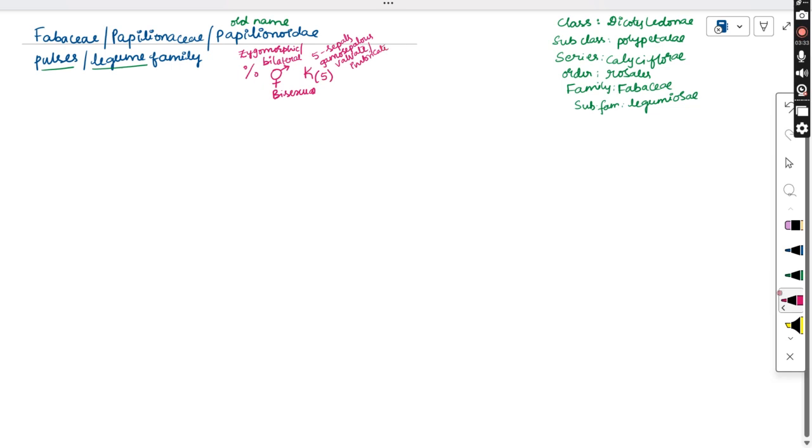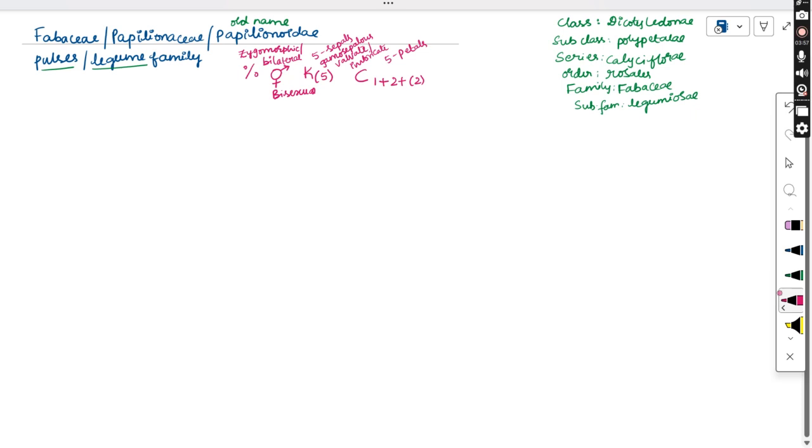And the corolla is a special type which shows the papilionaceous type of estivation, or the vexillary or descending imbricate estivation. A total of 5 petals are there, arranged as 1 plus 2 plus 2, where 2 are in fused condition and 3 are in free condition.